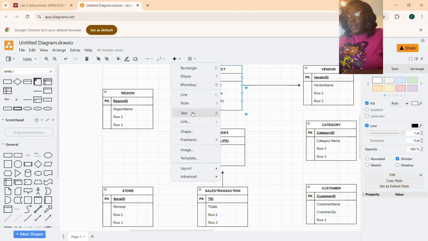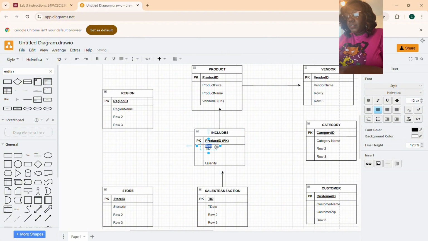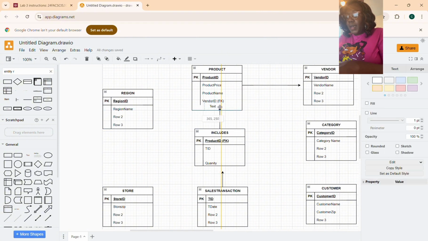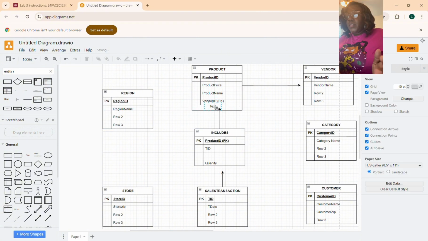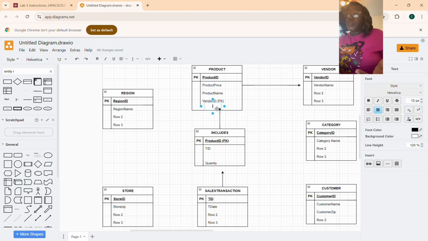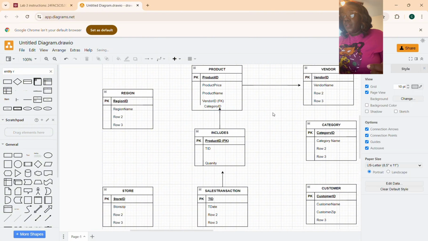So we are going to add the category ID, and that's what is going to connect the product to category. So now we are going to attempt to make that to that. Now when you look at it, these two are connected.